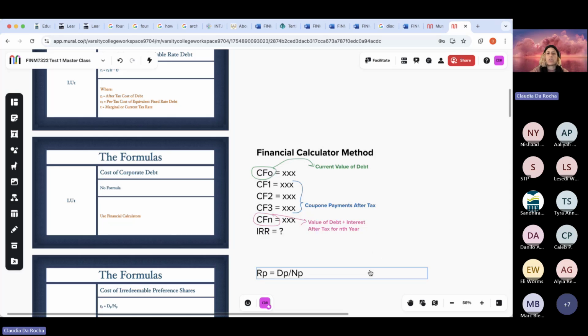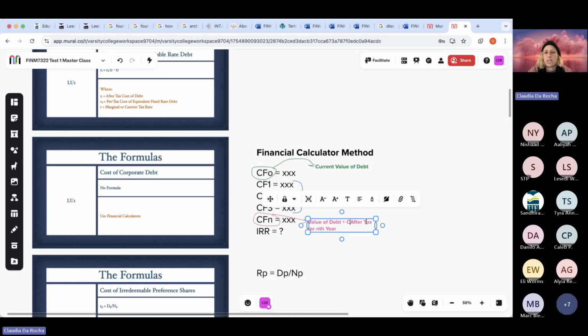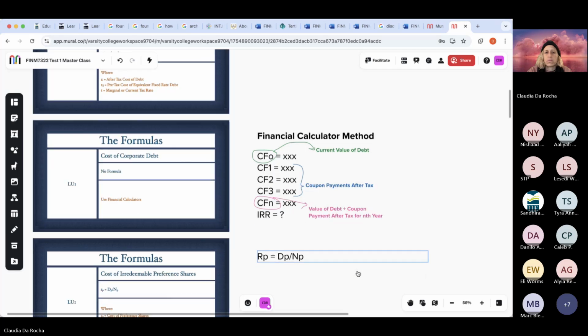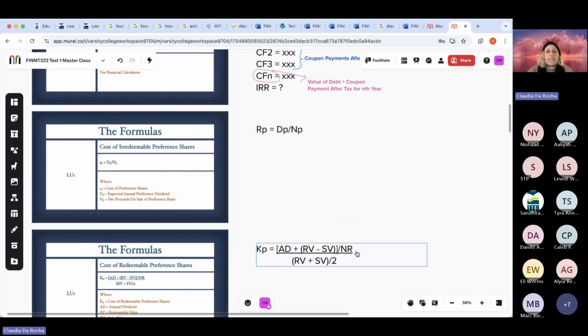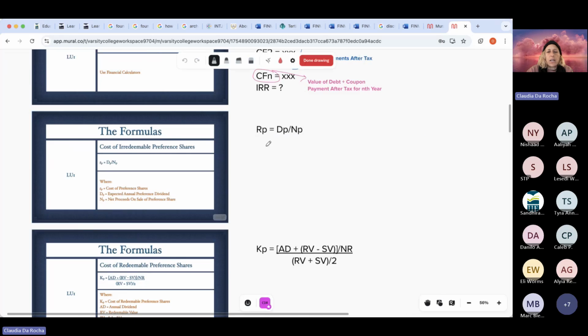So whenever you use a calculator, your CF0 is your current value of debt. You then, from year 1 to the year before the last year, put your interest amount or your coupon payments after tax. And then the last one will be your value of debt plus your interest or coupon payment, in this case after tax. Right, then we have our cost of irredeemable preference shares.